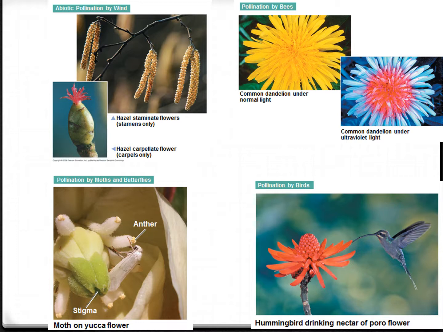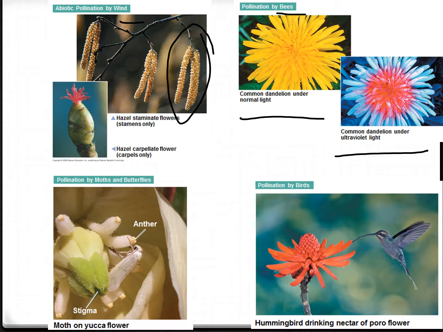So pollination can be done by the wind. Here you see your pollen cones, and this is one of those big things we see every springtime, in which our cars and everything are coated by pollen, because the pollen is taken by the wind and distributed. Also, you can see with bees, so there's a lot of insects that can do it. This shows us what a dandelion looks like to us under normal light. This is what it looks like under ultraviolet light.